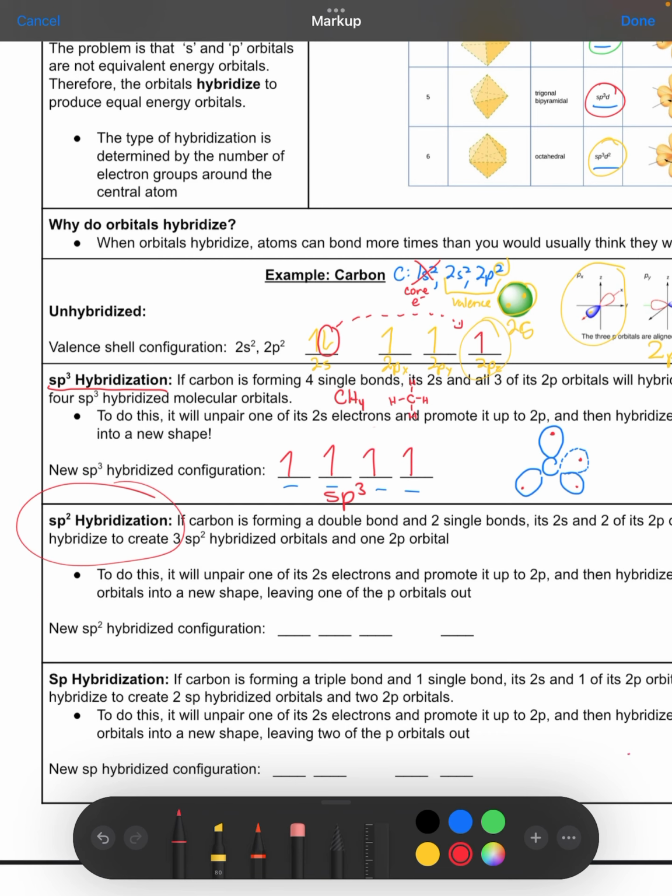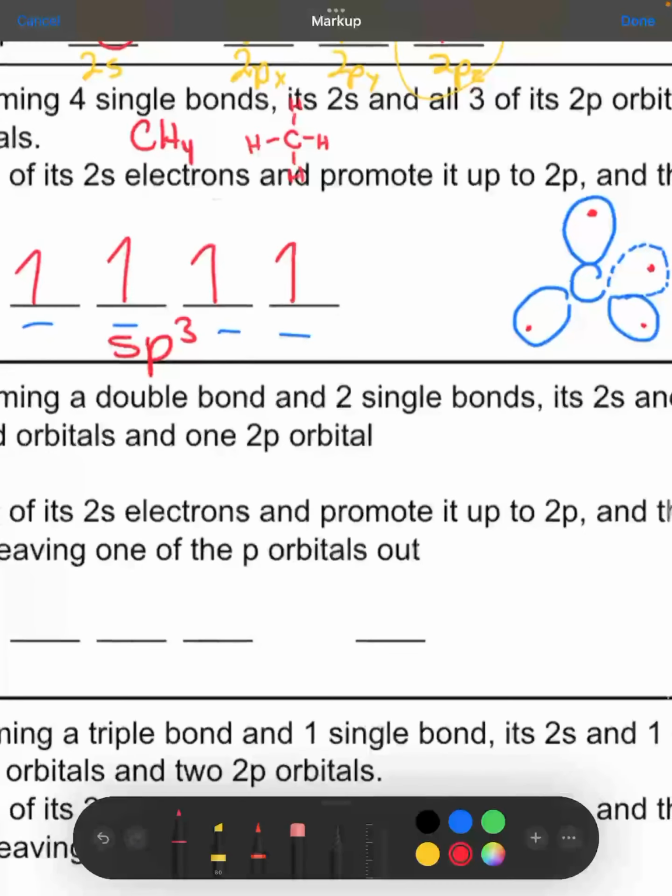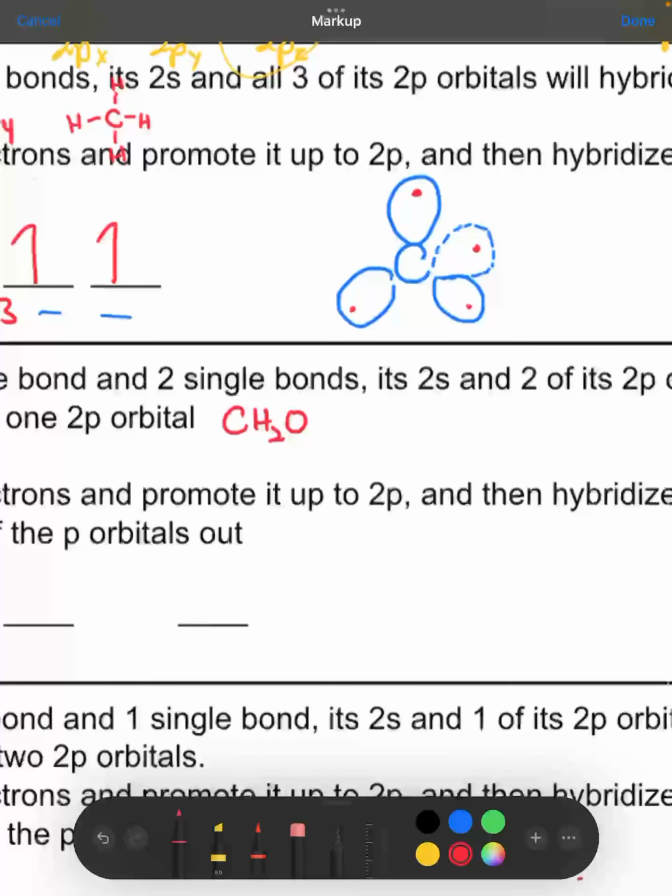So let me just really quickly give you an example of a molecule where you would see that. In the molecule CH2O, carbon forms a double bond with oxygen and 2 single bonds with hydrogen. So I'll just draw out that Lewis structure for you real quick. It would look like that. So we can see that double bond forming here and then those 2 single bonds.